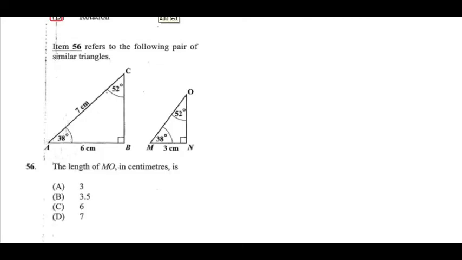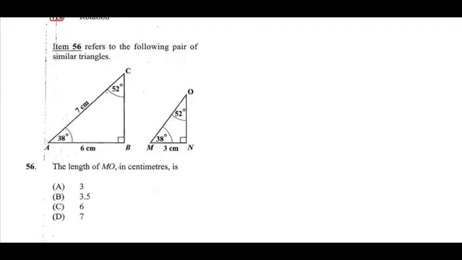56, the length of MO in centimeters is... We can see where 3 is half of this base that was given 6, and the hypotenuse of this triangle would be half of this one, which is 7, so therefore this would be 3.5.